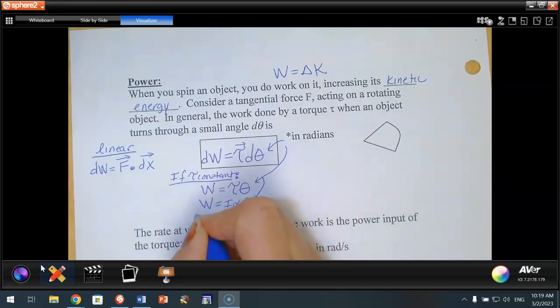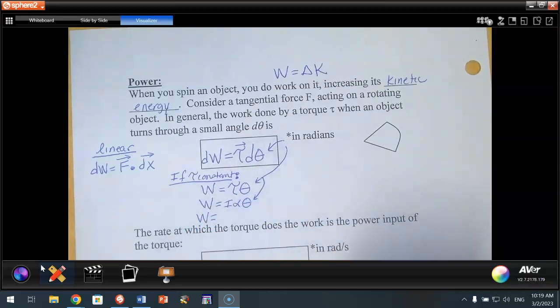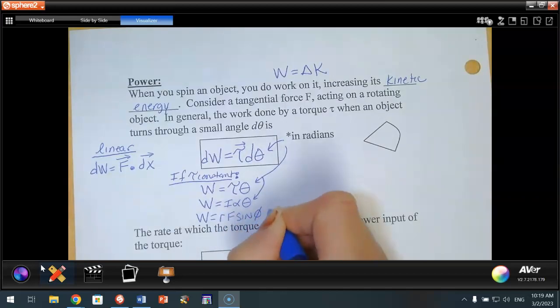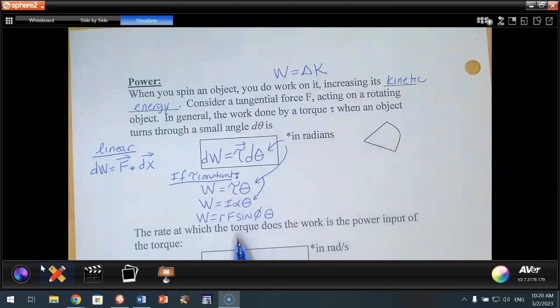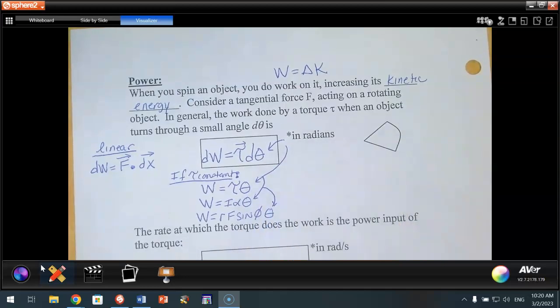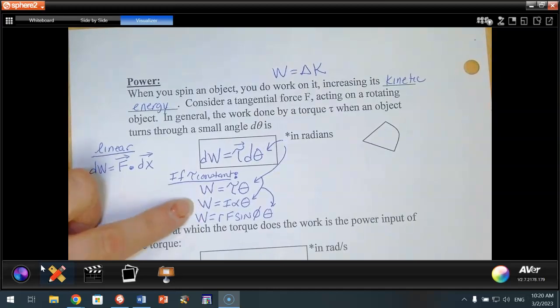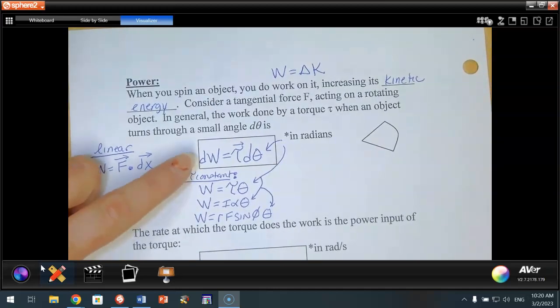And since torque can also be found by doing R F sine of phi, you could also do R F sine of phi times theta, where phi would be the angle between R and F, and theta is, again, how many radians it goes through. In all of these cases, your theta and your alpha also have to be in radians. So these formulas work instead of this one if torque is constant.